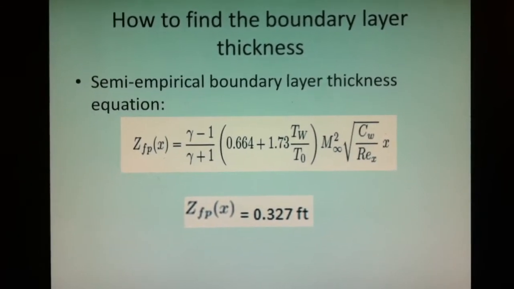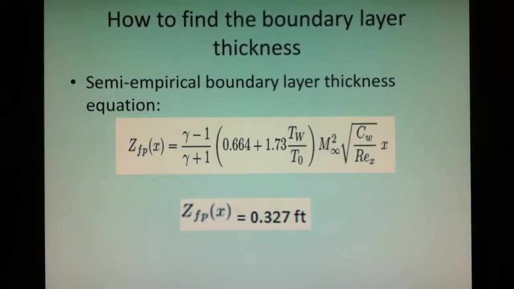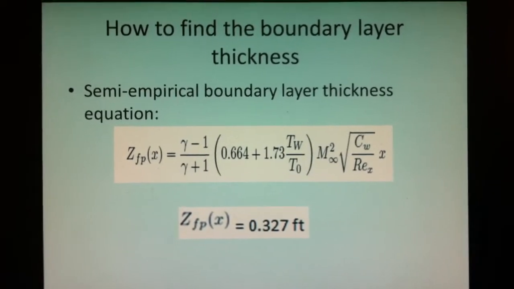After I plugged in all the numbers, with the equation given through the report, it came out to be 0.327 feet.